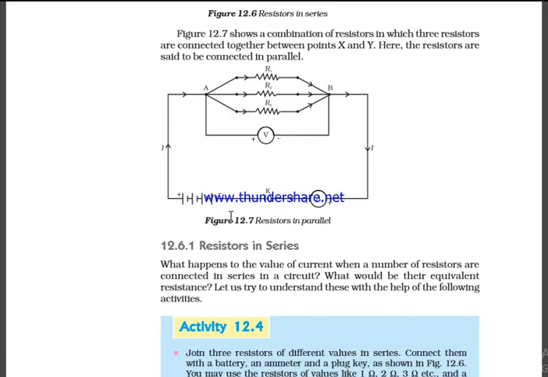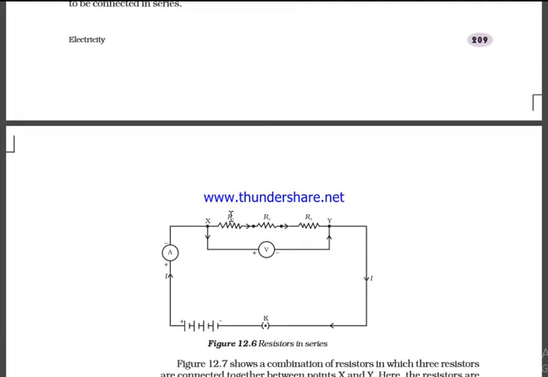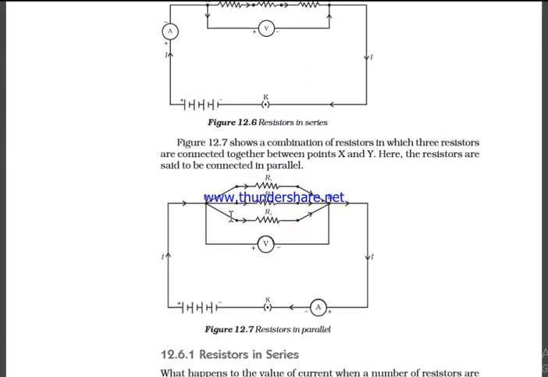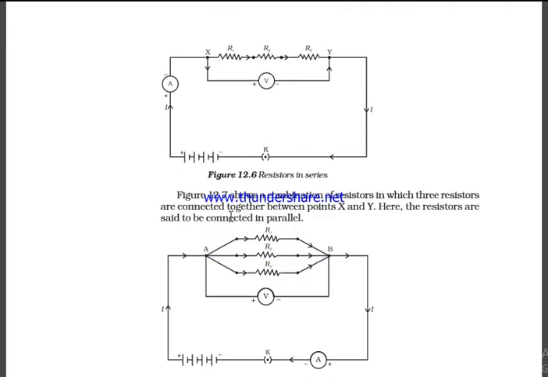Today we have studied two types of combinations. One is called series combination. Here all the resistors are connected end to end. Remember, end to end. If they are connected in a straight line, that is called series combination.